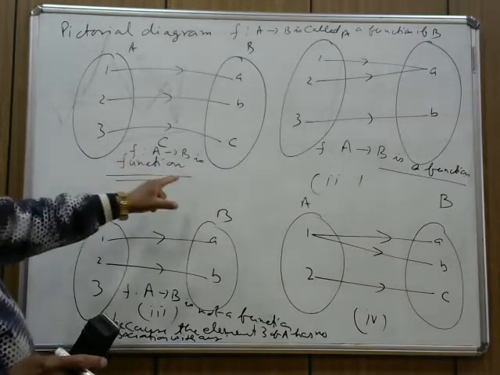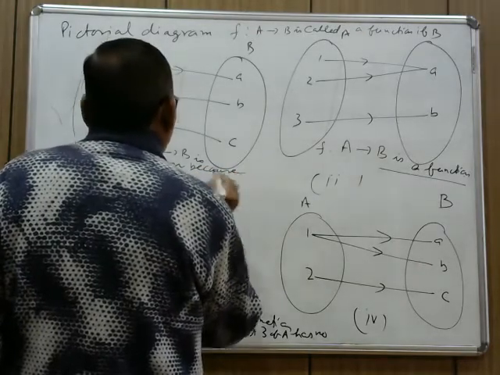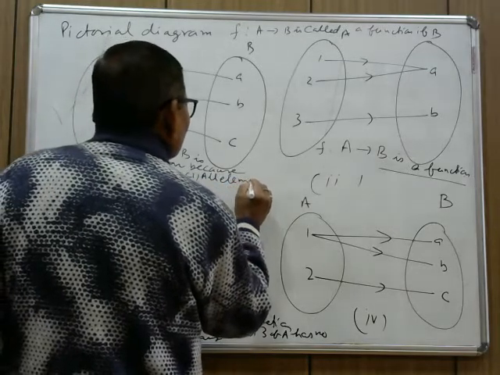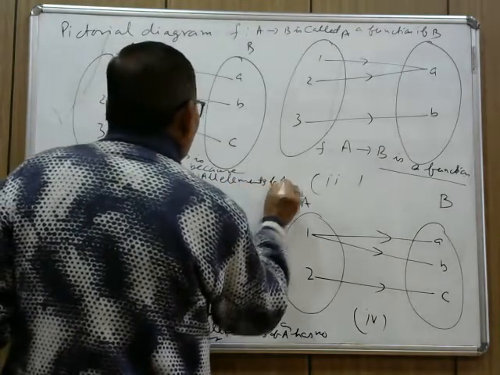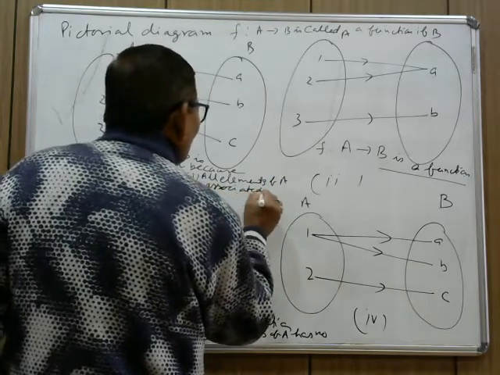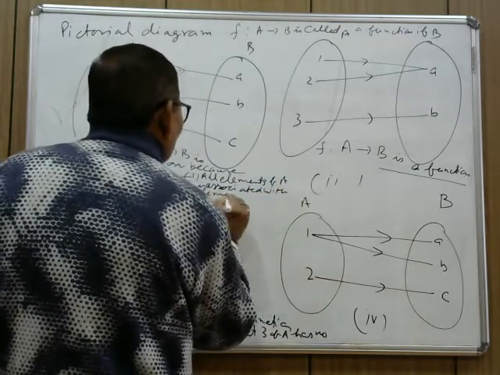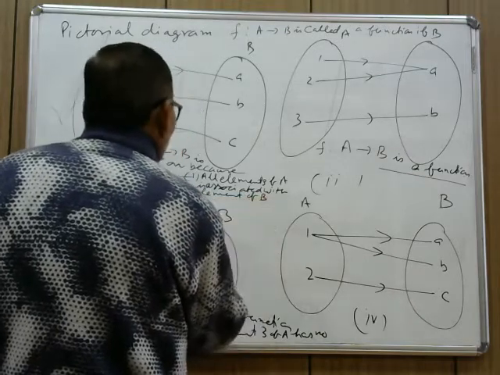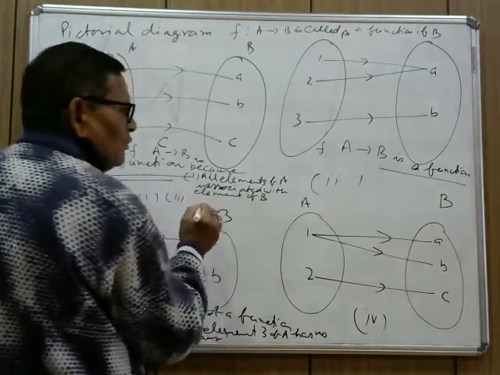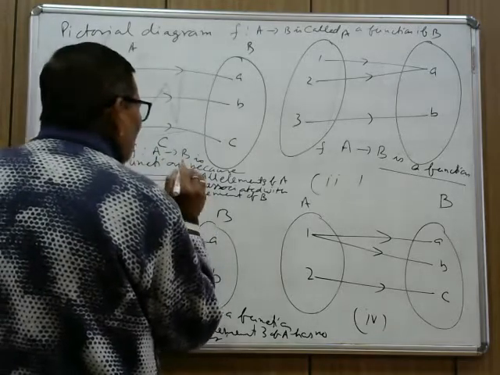A to B is a function because, 1, all elements of A are associated with an element of B. Now the second condition: elements of A are uniquely associated, meaning the element of A has one and only one association.